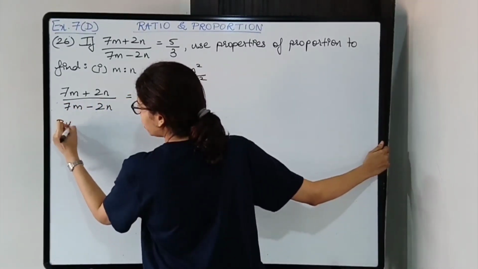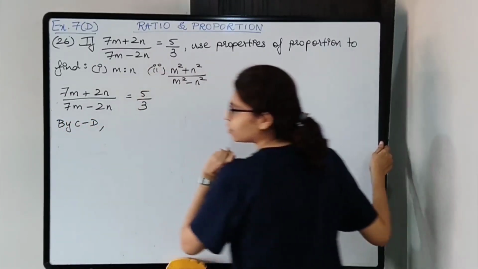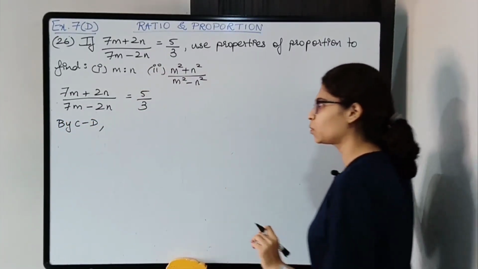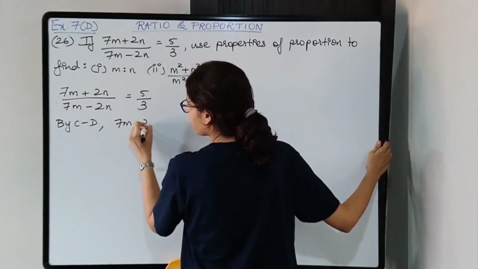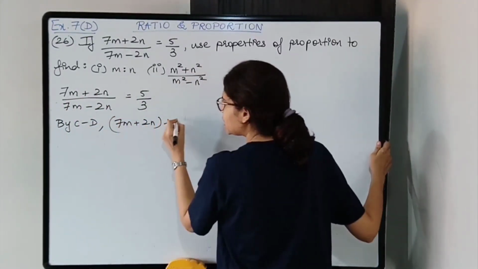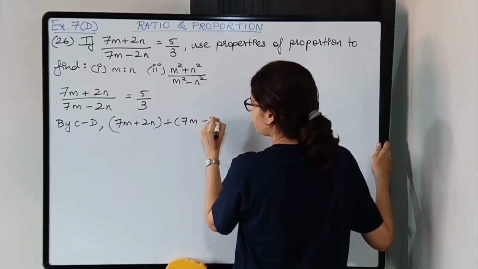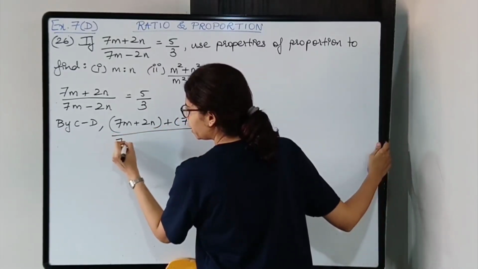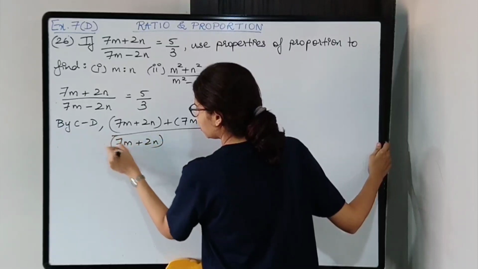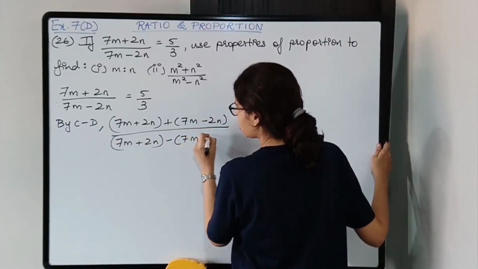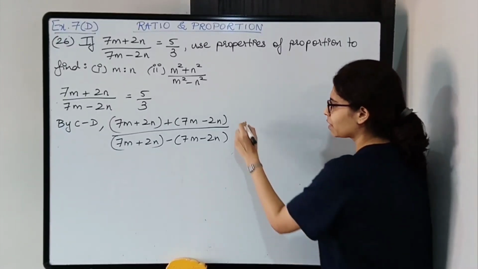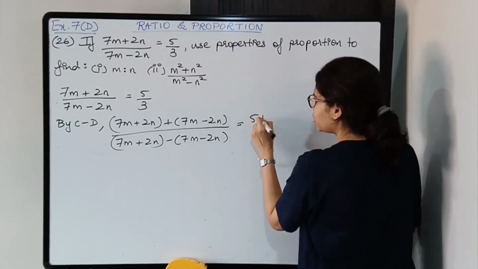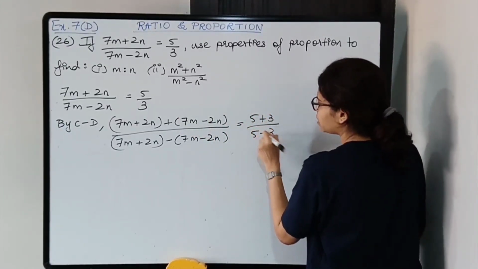So by componendo dividendo, you have to write down the entire thing. I am not writing. Okay, by componendo dividendo, numerator plus denominator upon numerator minus denominator, put brackets because the signs will change. Same thing in RHS, numerator plus denominator upon numerator minus denominator.